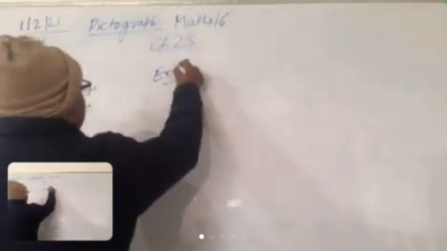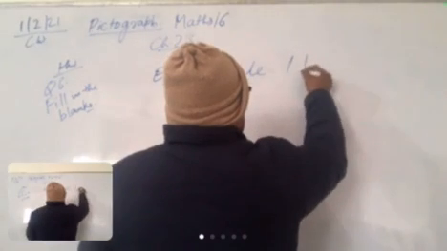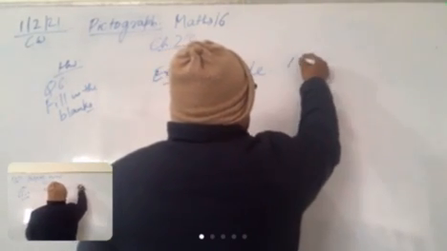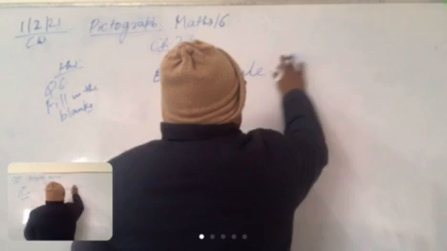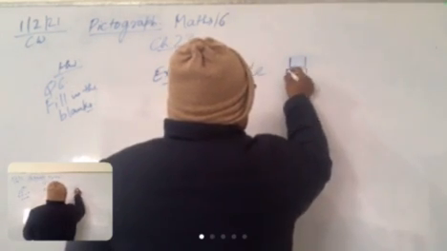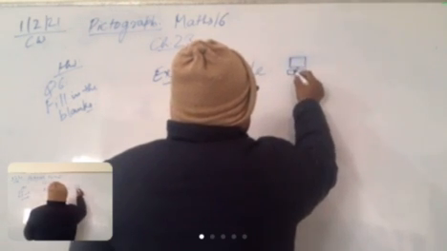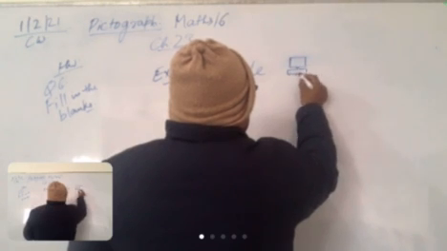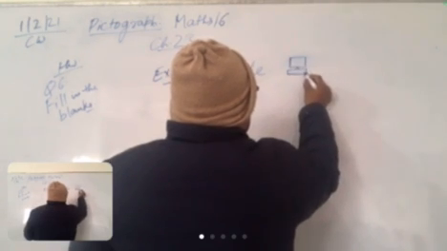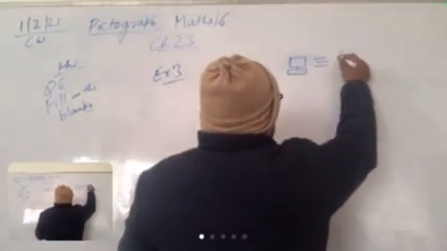Now see the scale. In example number 3, the scale is one computer picture, so you can draw a computer. Now this figure is similar to 6 computers.